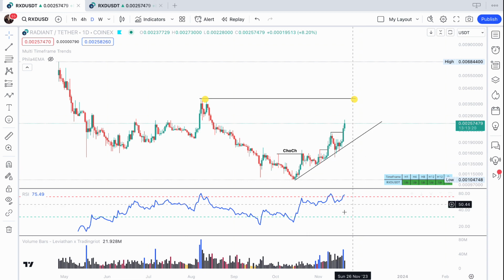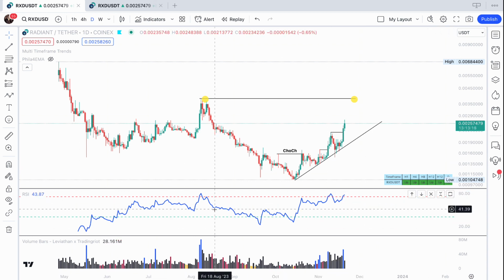Okay, now let's move to the RSI, to the momentum indicator. Because a momentum indicator shows you how much power there is behind the price action. Price action is king, but momentum and volume are also very important. What I'm looking for is divergences. Is there a divergence?